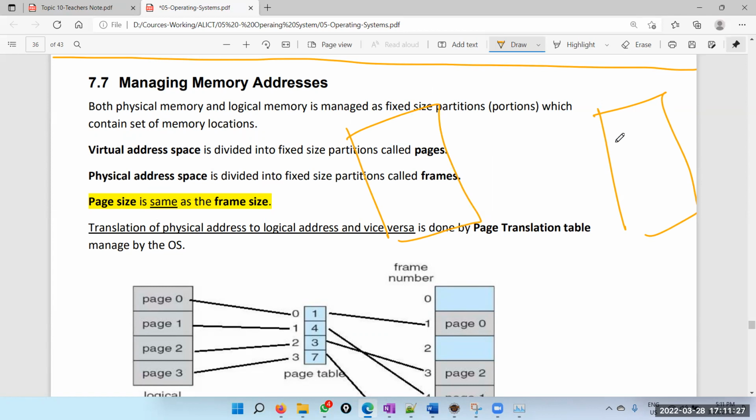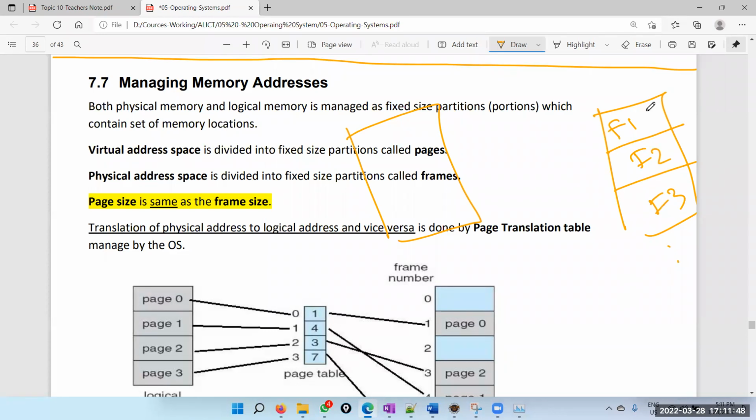That means your operating system divides your physical memory into portions, and we call them frames. Frame 1, frame 2, frame 3, etc. Physical memory is subdivided into memory frames.